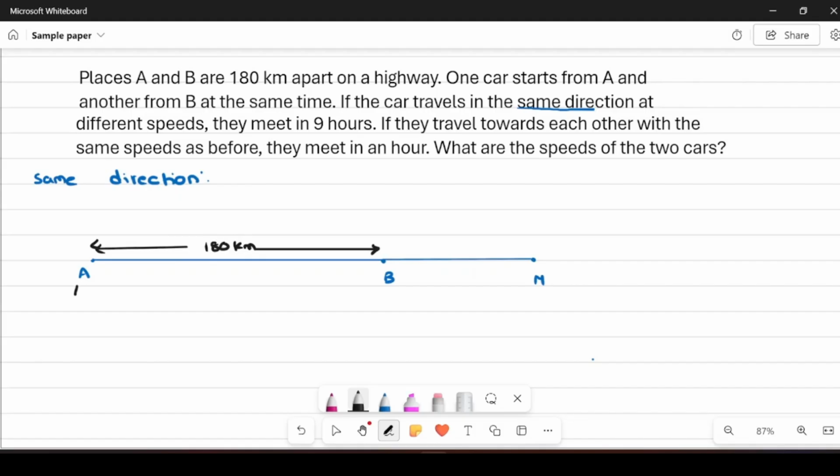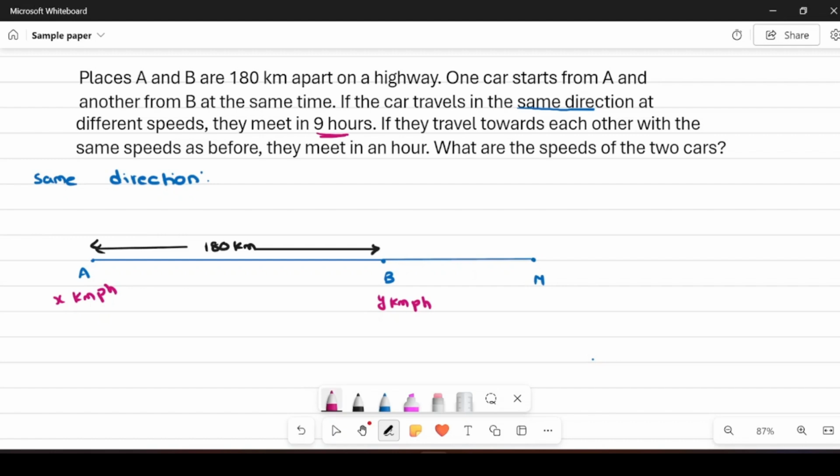Let us say car A, the first car, is traveling at x kilometers per hour, and car B, which is starting at B, is traveling at y kilometers per hour. If the cars travel in the same direction at different speeds, they meet in 9 hours. That means car A travels for 9 hours and B also travels for 9 hours, so then they meet at point M.